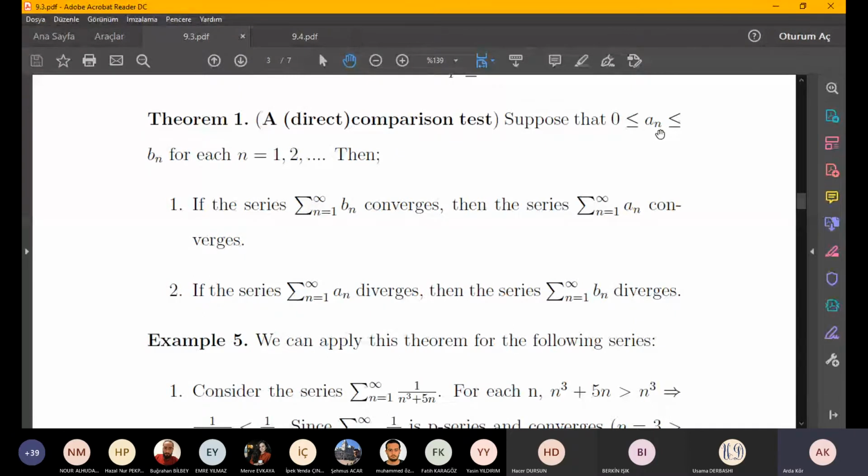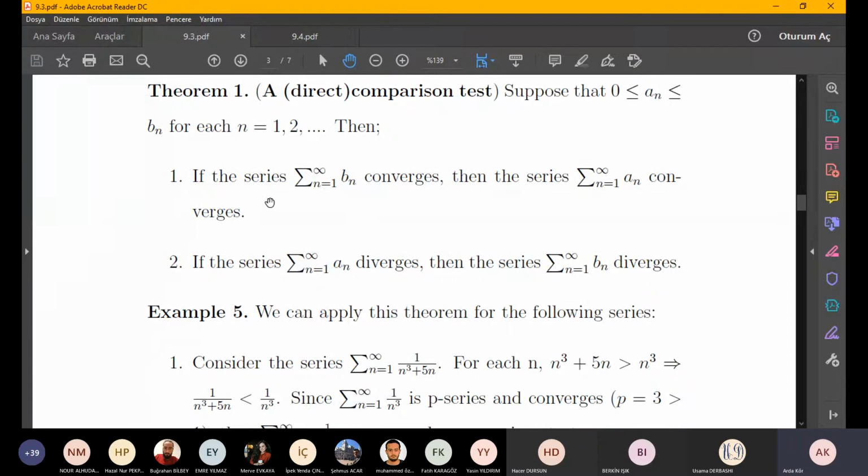If we suppose that an is smaller or equal to bn for each n positive integer, then we have that test which says if the series which has bn as general term converges, then the series which has general term an also converges. And the second step of that theorem is about divergence.